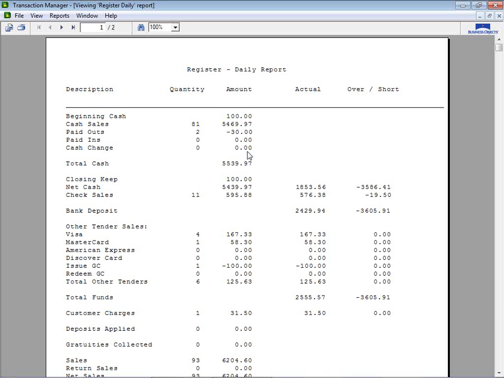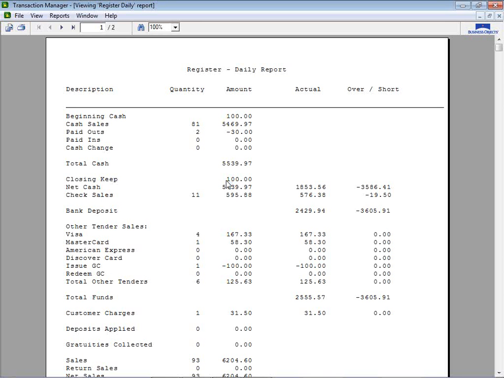Okay, in this case we don't have any, so we started with 100, we did all this stuff. So we think the total amount of the money in the cash that the store took in today is $5,539 and change. Now, out of that, we still expect to leave $100 in the drawer. Now, in this case, bear in mind, this is a 1-register store.